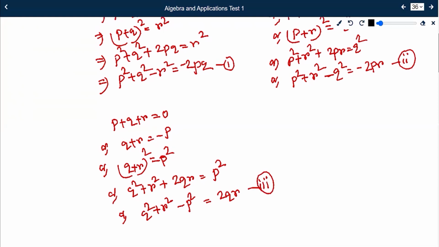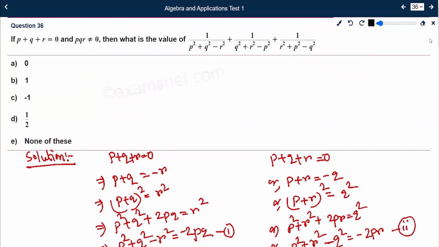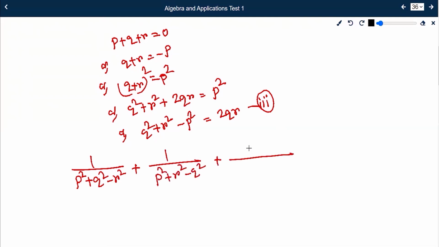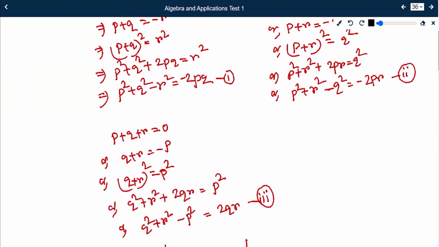Now let's write the expression that is given here. 1 by p square plus q square minus r square, 1 by p square plus r square minus q square, 1 by q square plus r square minus p square. Now from 1 to 3 we are going to put all the values.